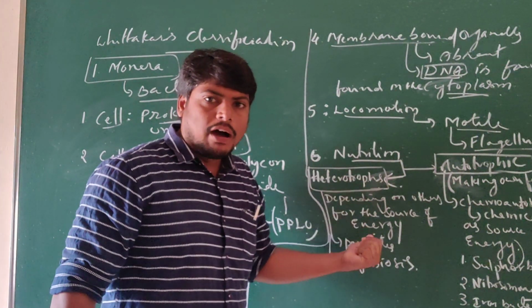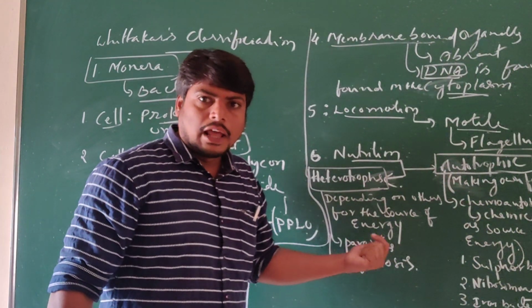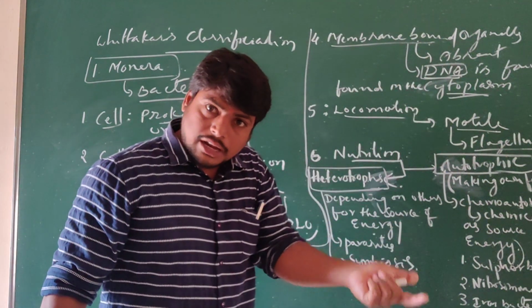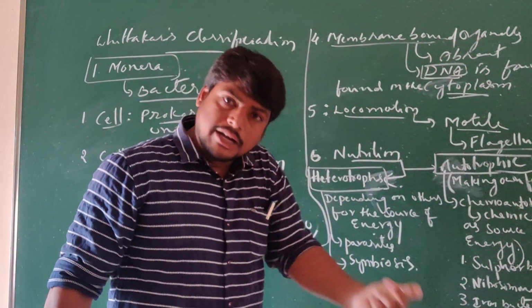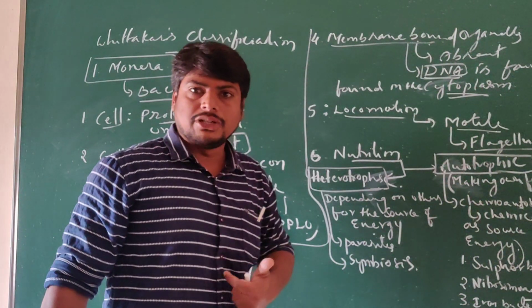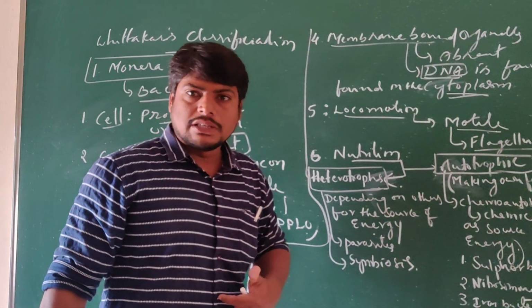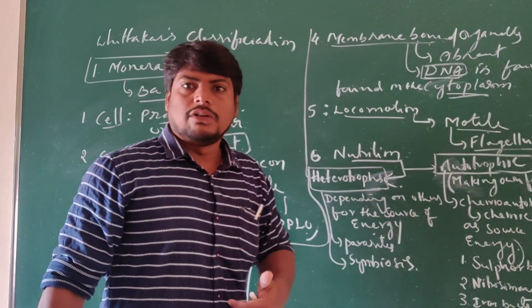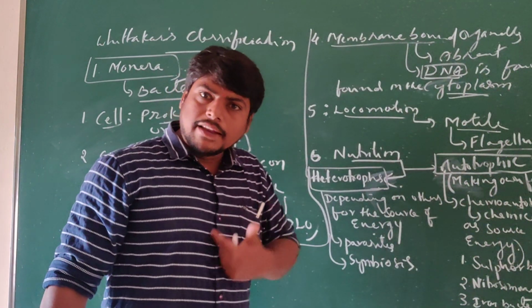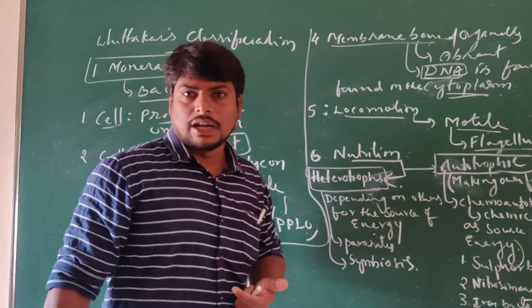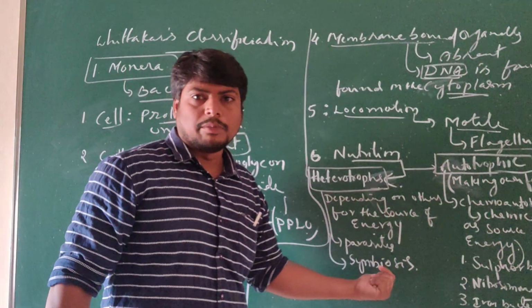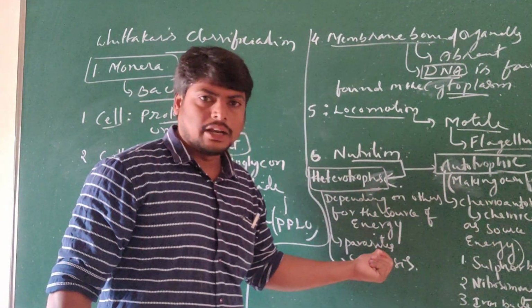For this, they follow the parasitic mode. They live in other organisms and take nutrients from their body. For example, bacteria found in our digestive system are helpful for us, and they also take energy from our body. We can also call that the parasitic mode.